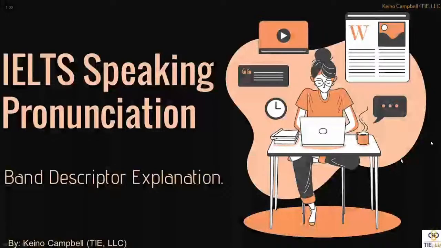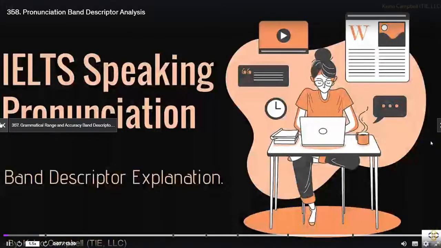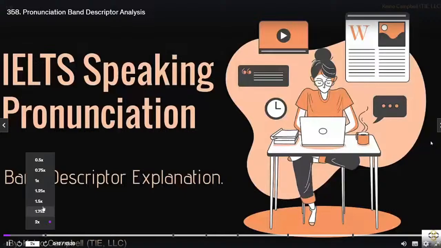Now we're going to move into the last part about how to really score well on the IELTS speaking test in regards to the descriptors. You've really learned the finer points of fluency and coherence, lexical ability, and grammar range and accuracy. So now we're going to get into the final section on the rubric, which deals with the area of pronunciation. Pronunciation is really a high level skill in terms of teaching it.